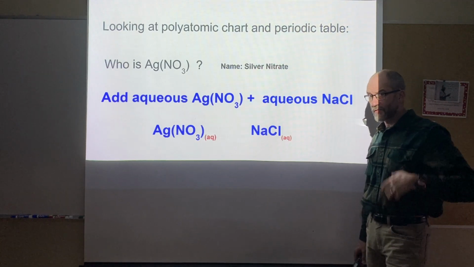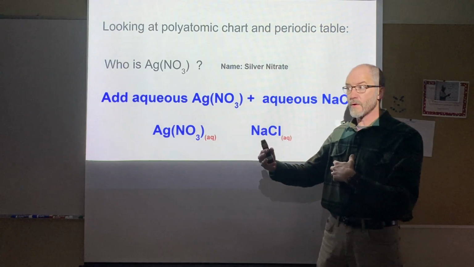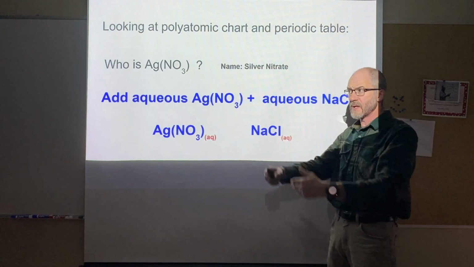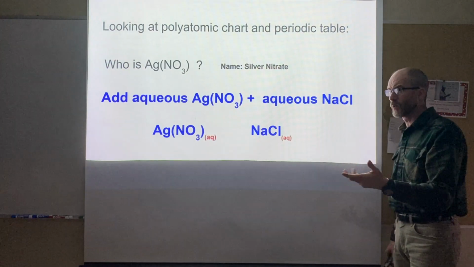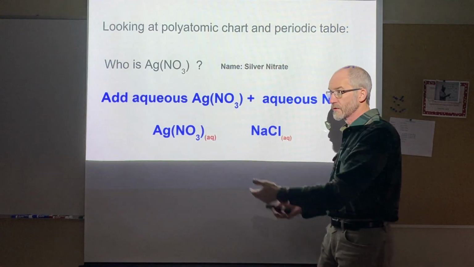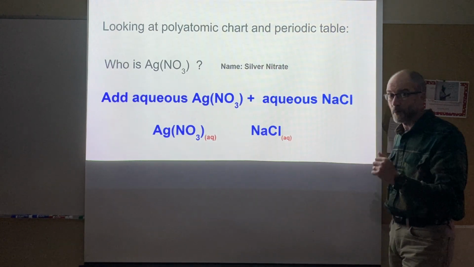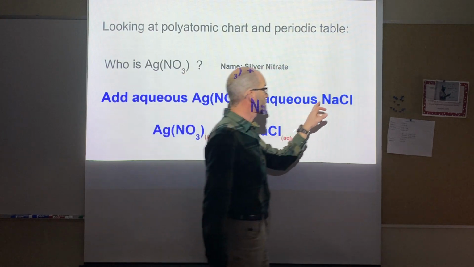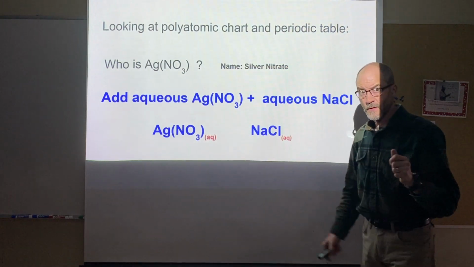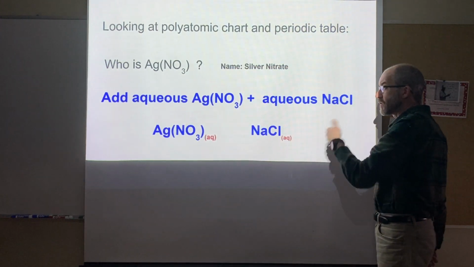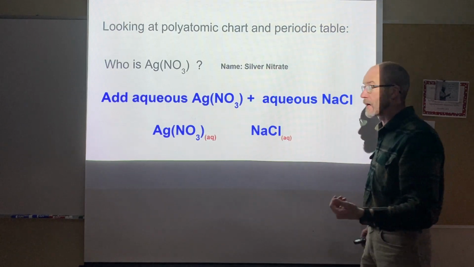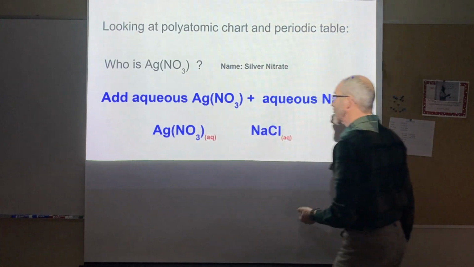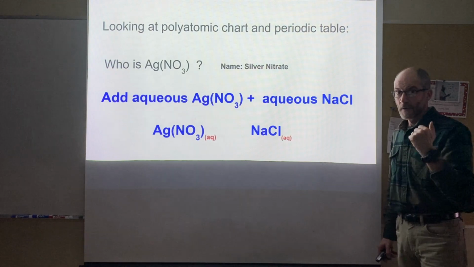If you're trying to stay with me or a step ahead of me, you suddenly realize, oh, you're telling me that it will dissociate. That's exactly what I'm telling you. I'm telling you that this will dissociate, and that this will dissociate. I'm giving you that information. There are no secrets here. I'm telling you that this is aqueous, and that this is aqueous.